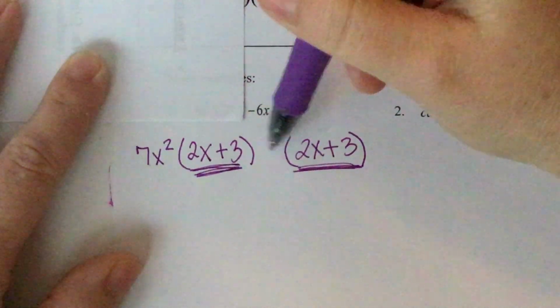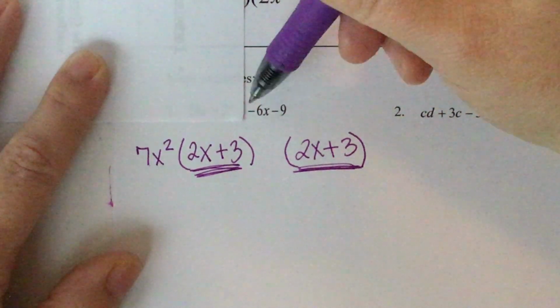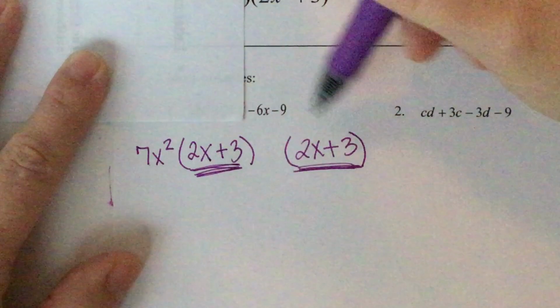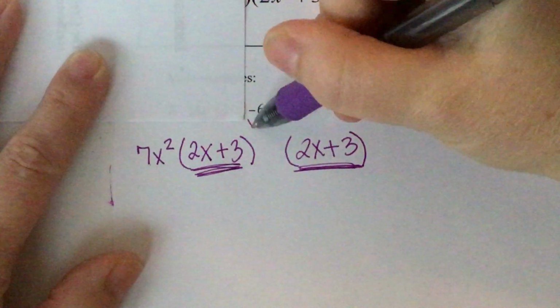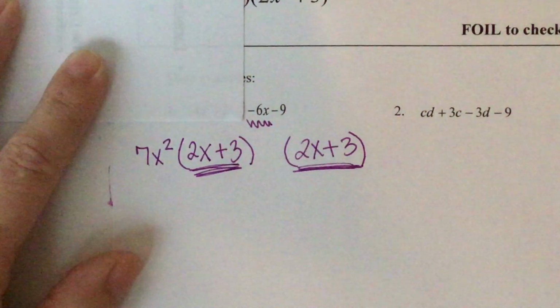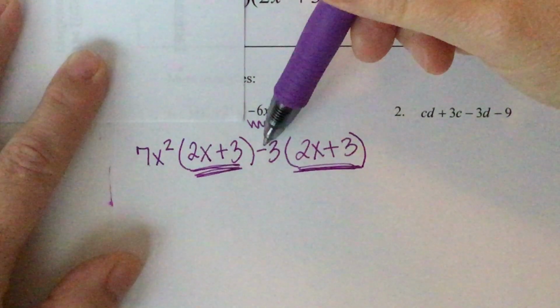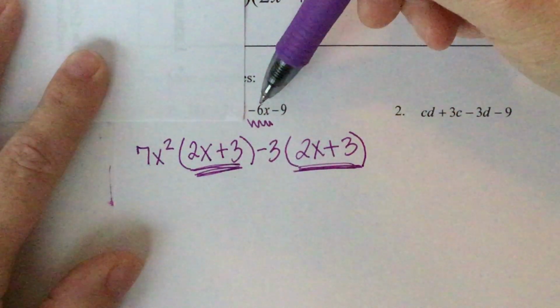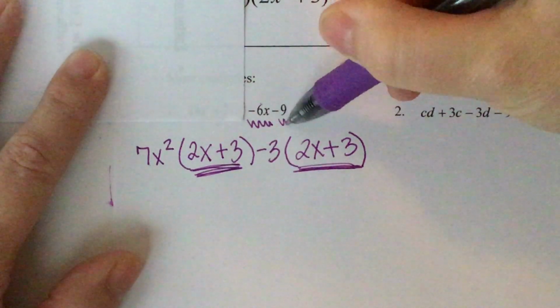Now you can easily figure out the GCF to these two because this times this should make that, and this times this should make that. So what could you multiply with a 2x to get a negative 6x? A negative 3. Now let's just make sure it works the whole way through. Negative 3 times 2x is negative 6x, okay? And is negative 3 times positive 3 a negative 9?